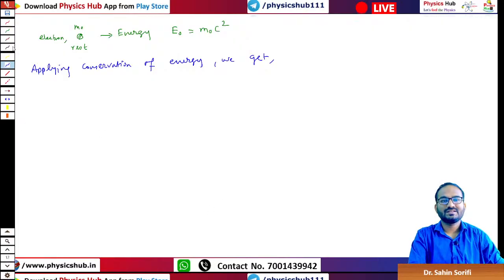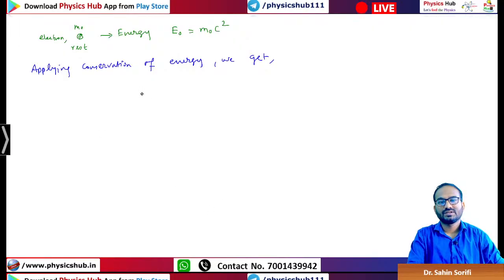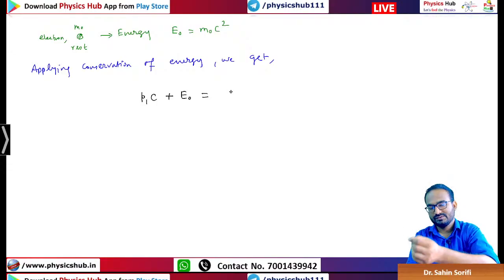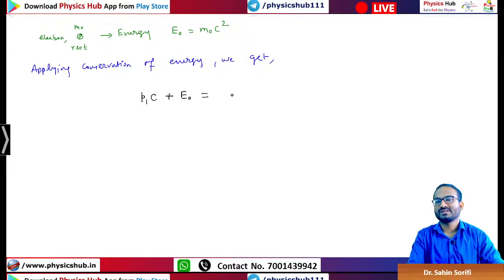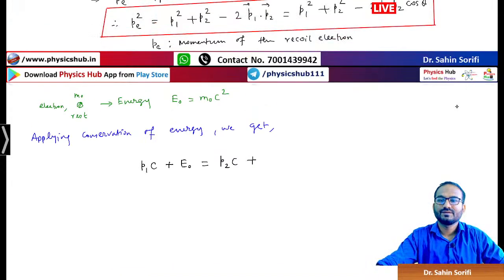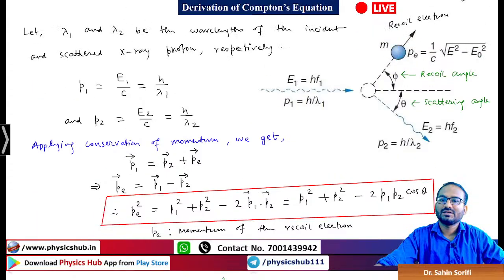So what is the energy for the photon? It is P1 c, the pc formula. Then we have to add the rest mass energy of the electron. This will be equal to the total energy of the recoil electron plus the scattered photon. So what is the energy of the scattered photon? It is P2 c.